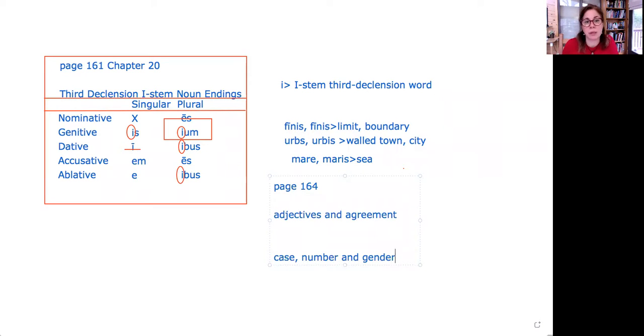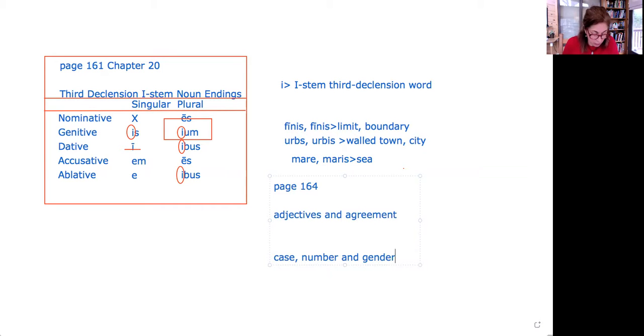So remember we said, for example, poeta, nauta, and agricola are first declension feminine noun endings, but they're not feminine words. They're actually masculine words. So it doesn't necessarily mean that it's going to agree with the noun in the endings. It may or may not.